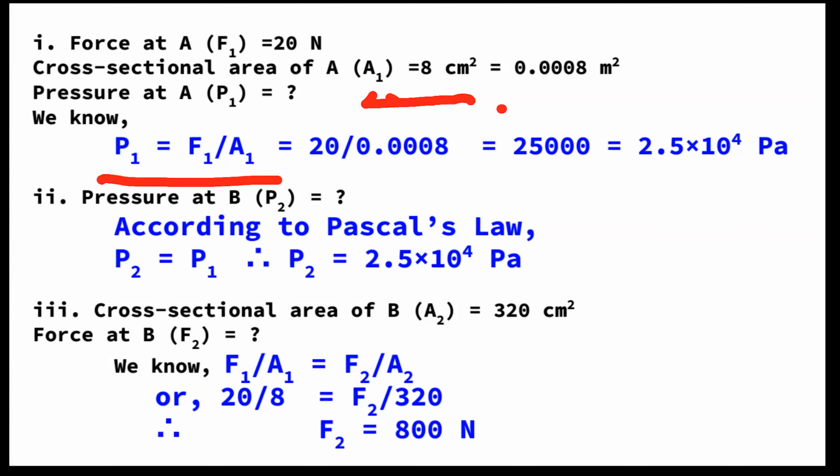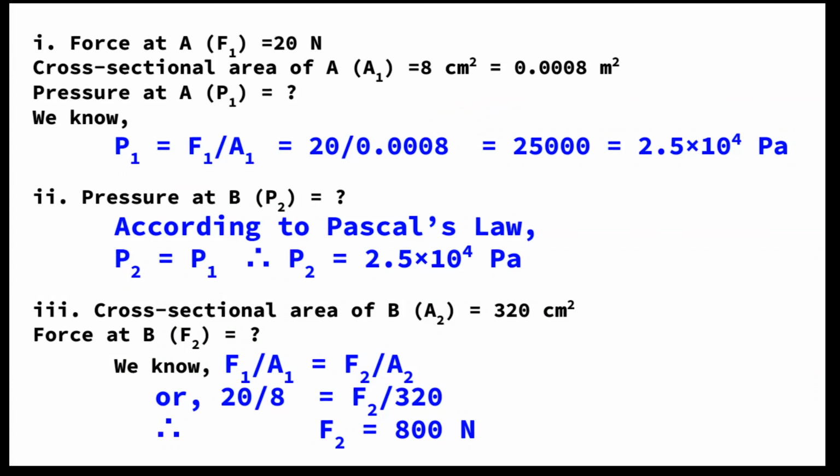We have expressed this number in scientific notation as 2.5 into 10 to the power 4 Pascal. So the pressure at A is found to be 2.5 into 10 to the power 4 Pascal.